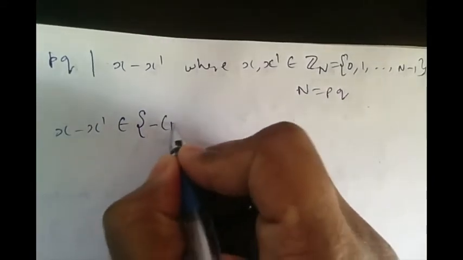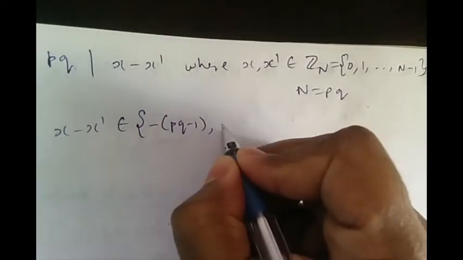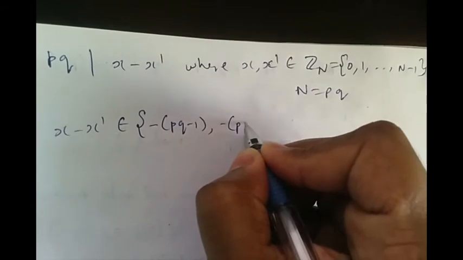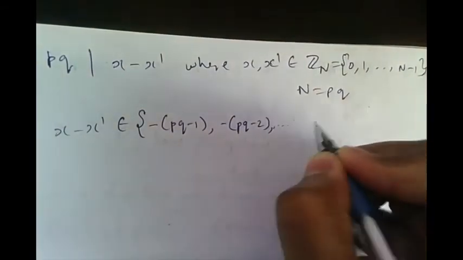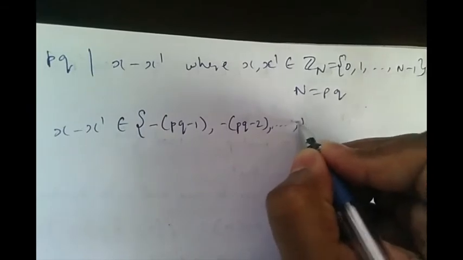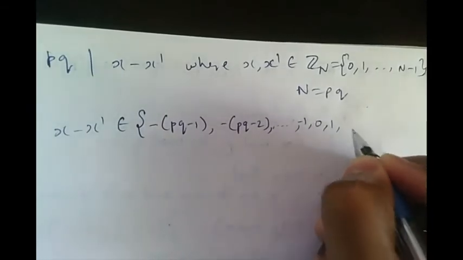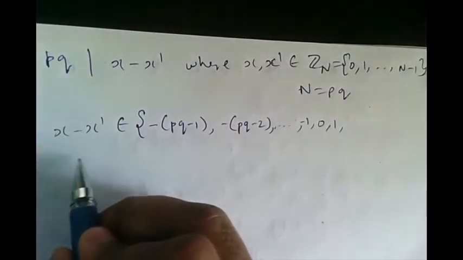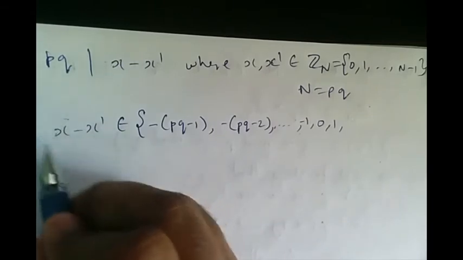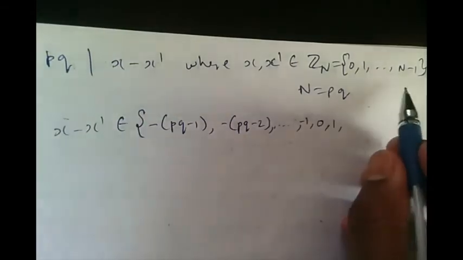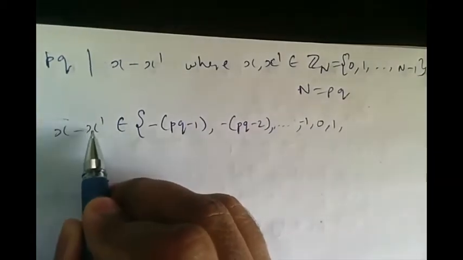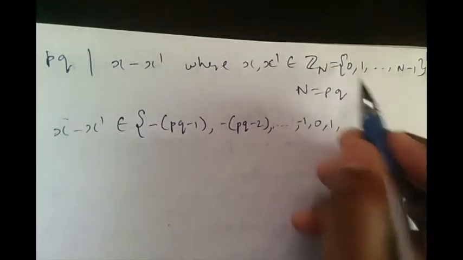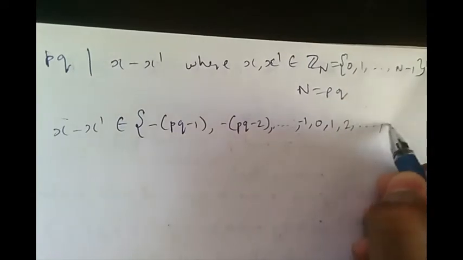So it is minus (pq minus 1). The next largest value is minus (pq minus 2), and so on up to minus 1, 0, then 1. What is the largest value x minus x prime can take? x should be as large as possible. So the largest value is n minus 1 or pq minus 1, and x prime should be as small as possible. The smallest value is 0. So 1, 2, 3 up to pq minus 1.